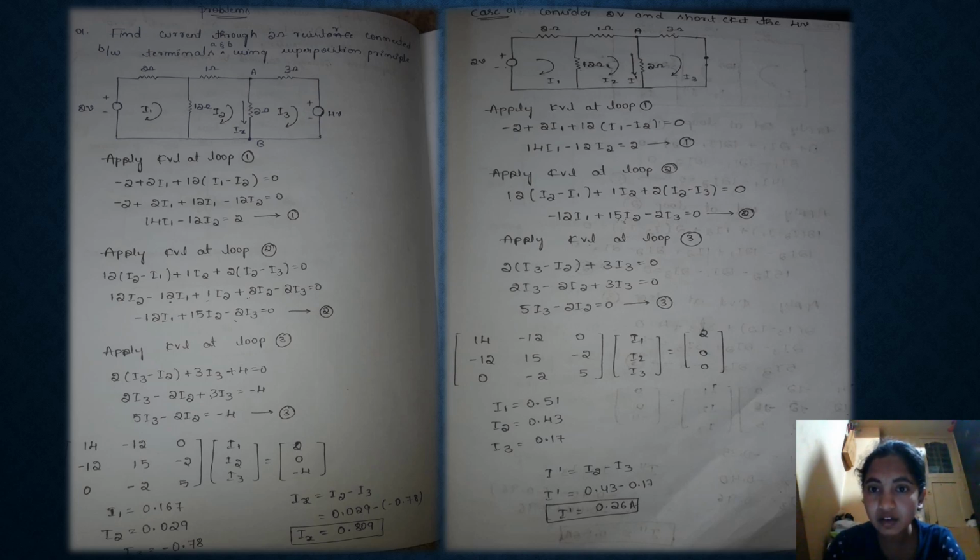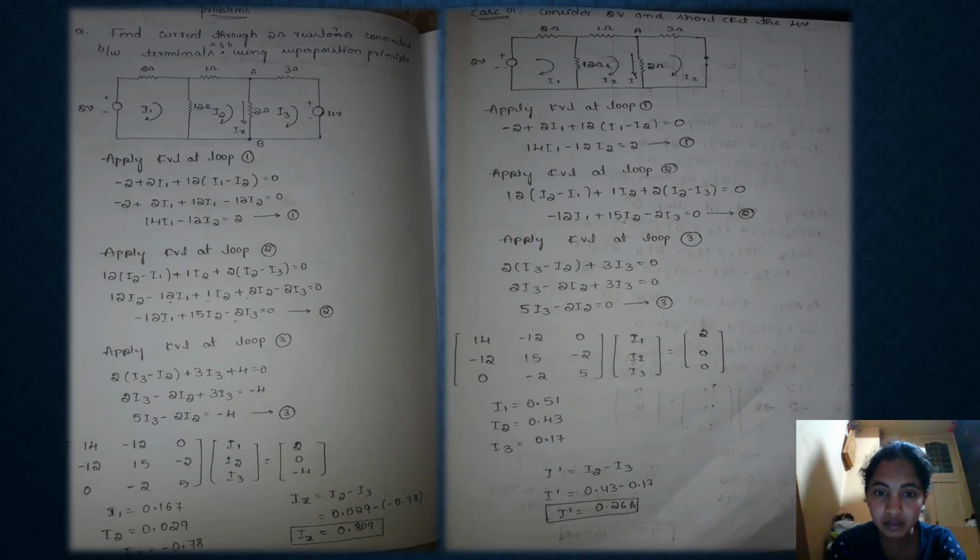If we apply KVL to loop 3, then the equation will be 2 i3 minus i2 plus 3 i3 is equal to 0, because here there is no source or value. So 2 i3 minus 2 i2 plus 3 i3 is equal to 0. Then the equation will be 5 i3 minus 2 i2 is equal to 0. Let us call it equation 3.